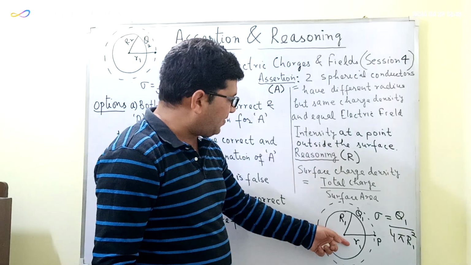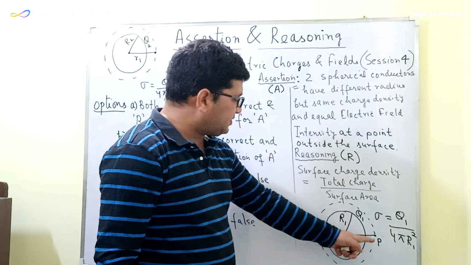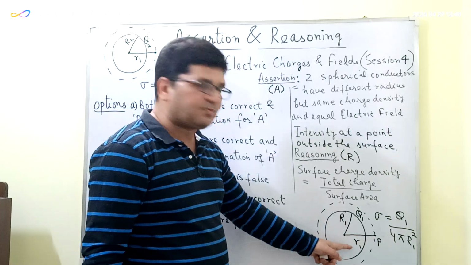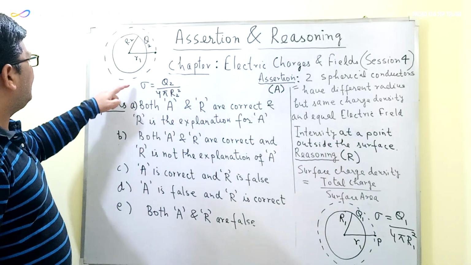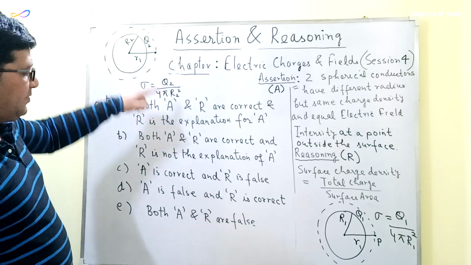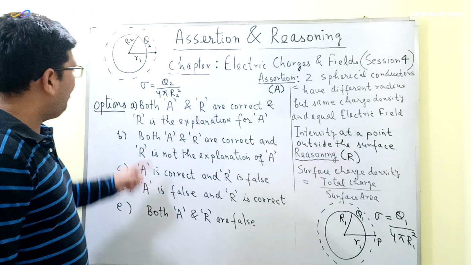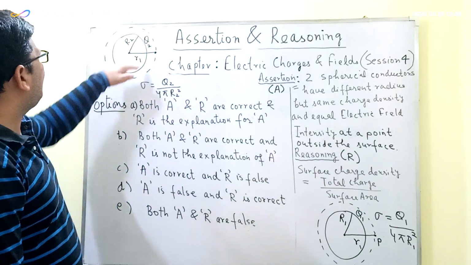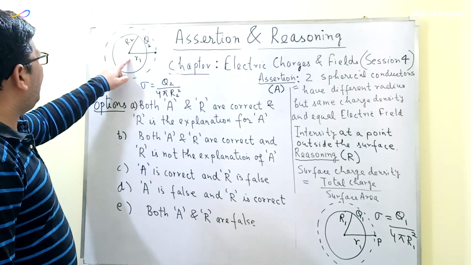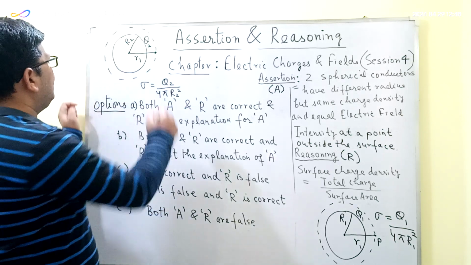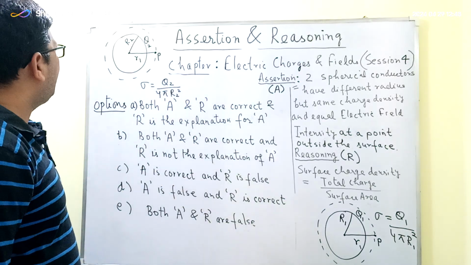This is one spherical conductor which has a radius of r1, and this is a point P which is situated at a distance of small r1 from the center. Similarly, I have constructed another Gaussian surface, denoted by this dotted line, around the second spherical conductor of radius r2, and I have considered the distance of that point from the center of this conductor to be r1.